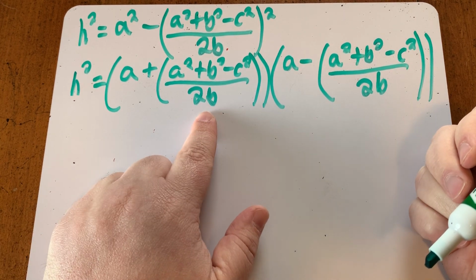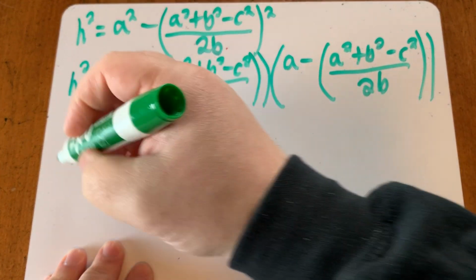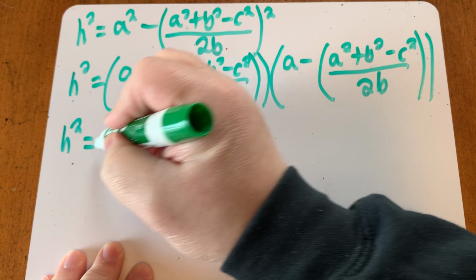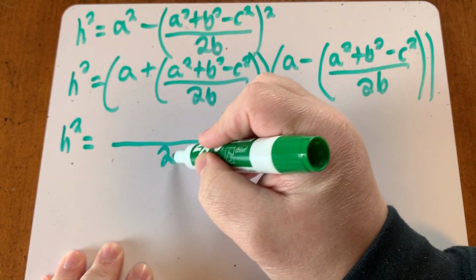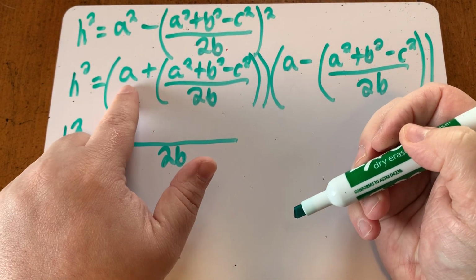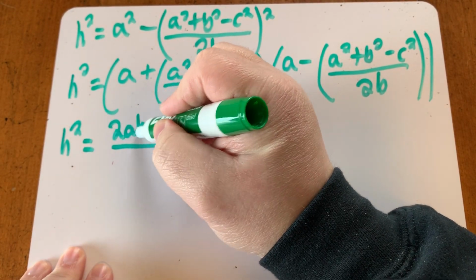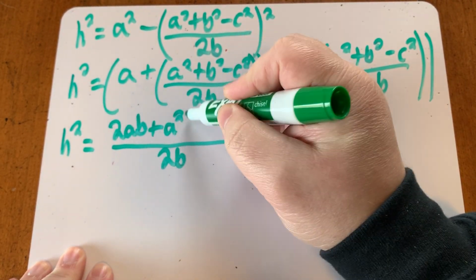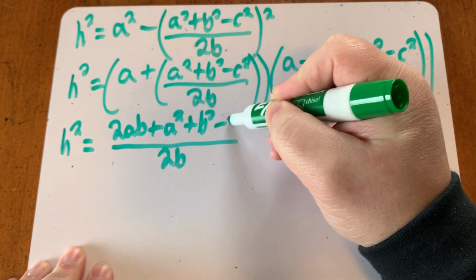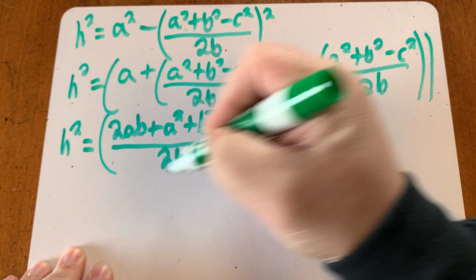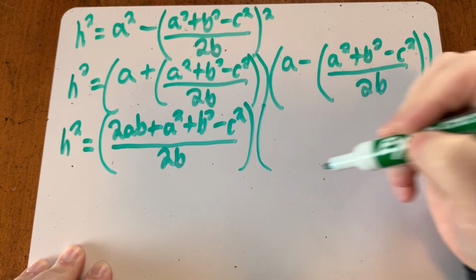You need a common denominator, so the common denominator would be 2b. So h squared equals, and so you multiply that by 2b. So you get 2ab plus a squared plus b squared minus c squared when you combine your fractions.